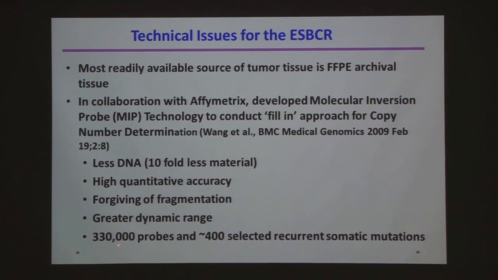There were 330,000 probes on this array that crossed all of the chromosomes across the genome, and also included were about 400 selected recurrent mutations. To be honest with you, we weren't really able to use the mutation data. Version 3 is significantly better.